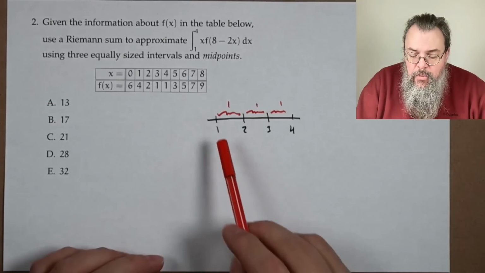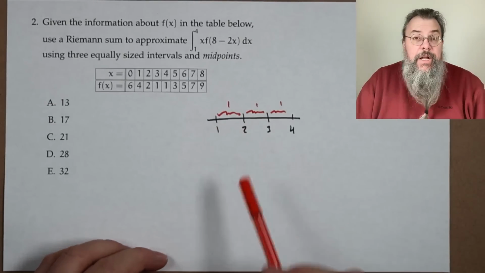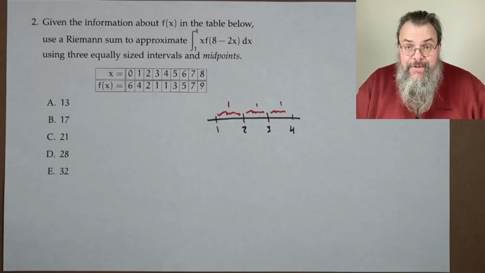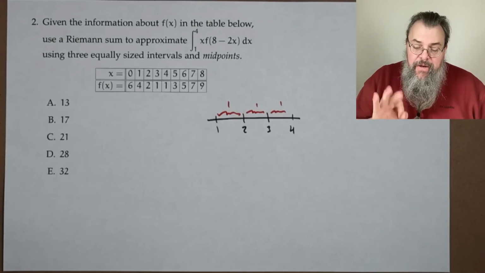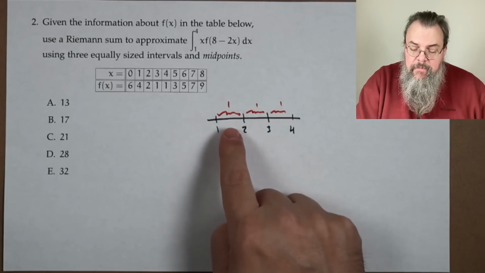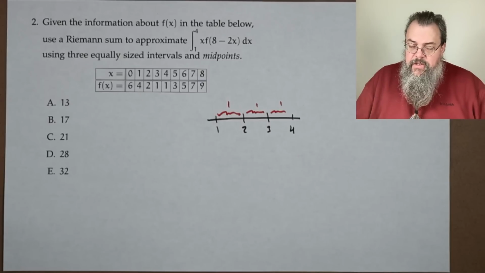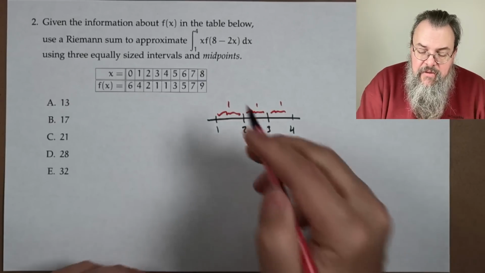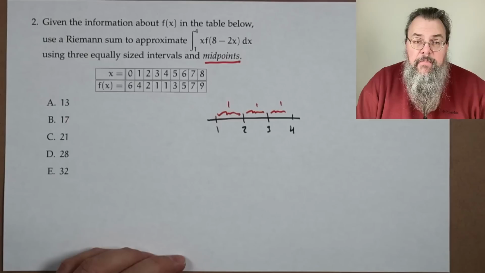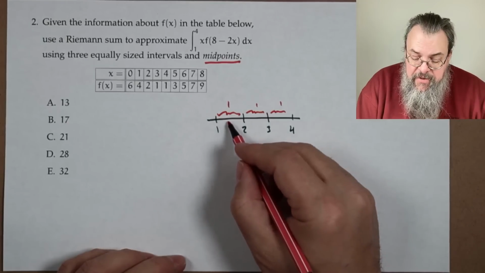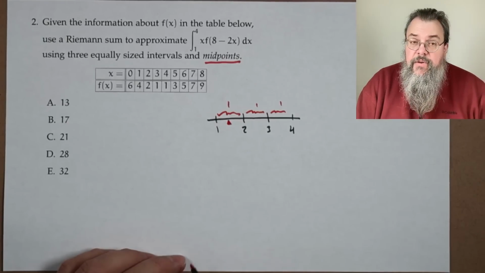So the question is, which point? Because from 1 to 2, there are a lot of points you can pick. The 3 most popular are the left end, the middle, and the right end. The problem will direct us as to which one it wants. And in this case, it tells us it's the middle. So we say, what's halfway between 1 and 2?